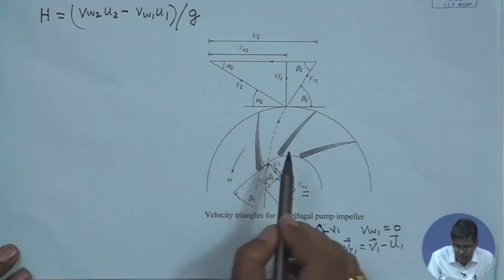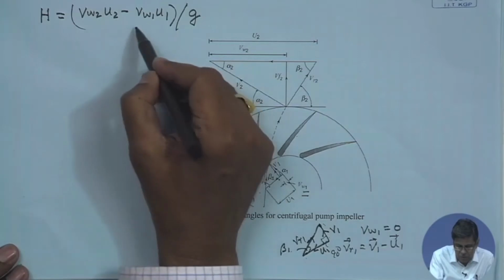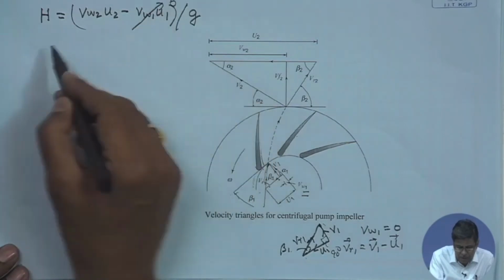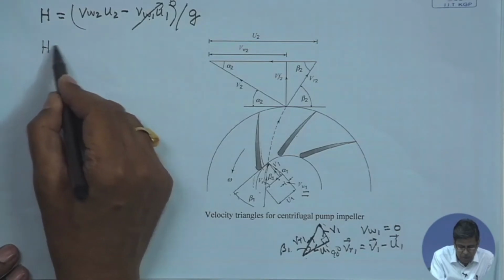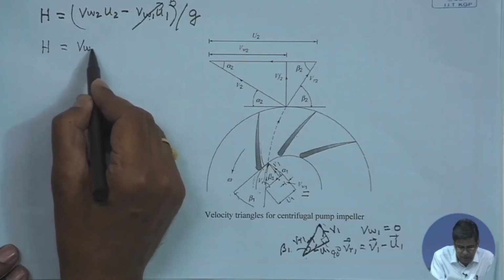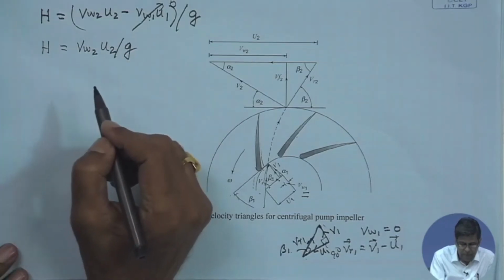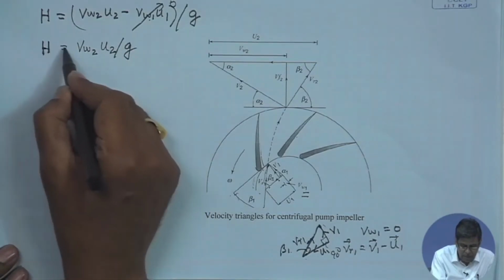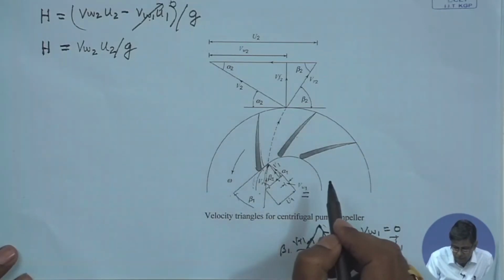But in the case of pumps and compressors, it is like this. So, if VW1 is 0, then this is the maximum. So, we want to keep it 0 to get the maximum head imparted to the fluid by the impeller blade.